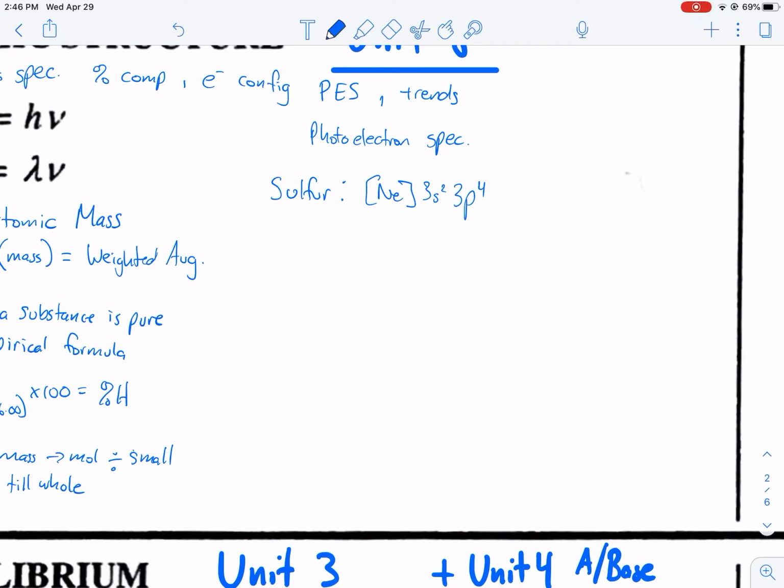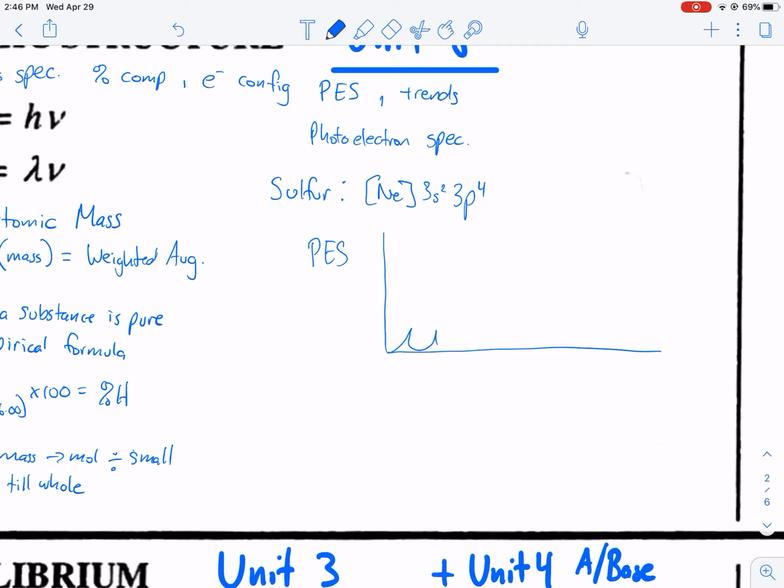So what we know is when we look at a PES for sulfur, remember that we see the peaks, and the peaks tell us their electrons. So you would see a small peak here, and then you'd see another small peak.